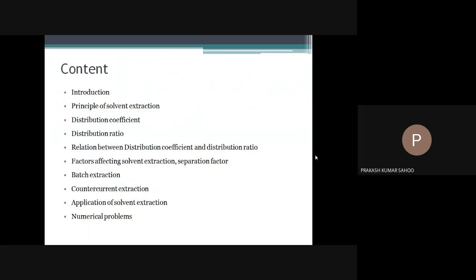We have introduction, solvent extraction principle, distribution coefficient, distribution ratio, a relation between distribution coefficient and distribution ratio, factors affecting solvent extraction, separation factor, batch extraction, counter current extraction, application of solvent extraction, and we have some numerical problems.